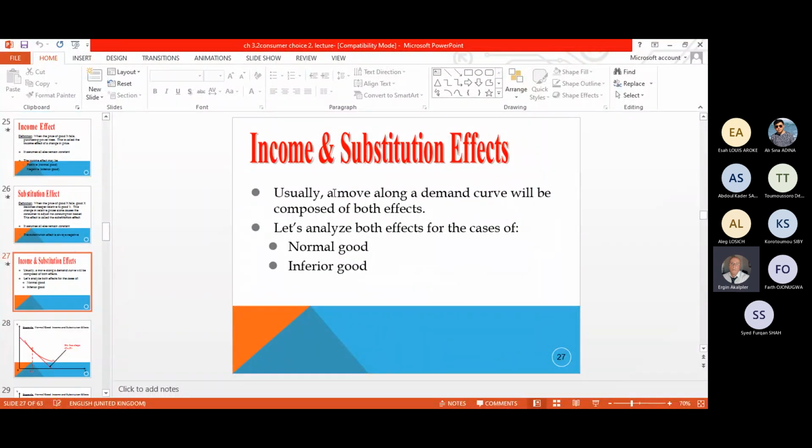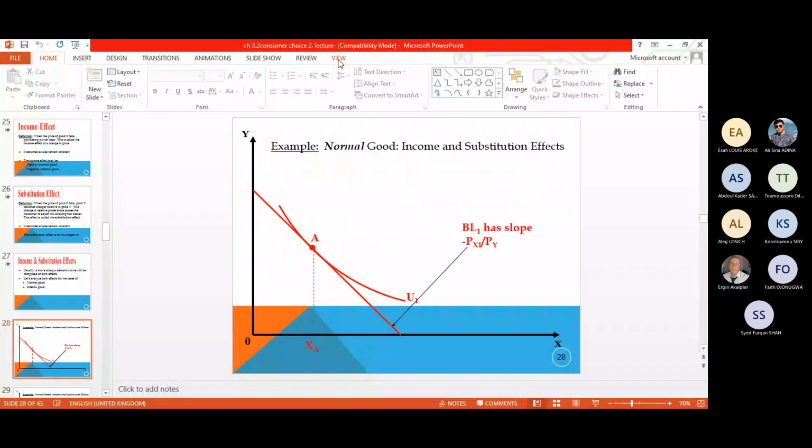When we are looking at the income and substitution effect, usually a move along a demand curve will be composed of both effects. Let's analyze both effects for the cases of normal goods and inferior goods. The example given here is the normal good. When the normal good is subjected, the income and substitution effect is expected to be, of course, positively related.